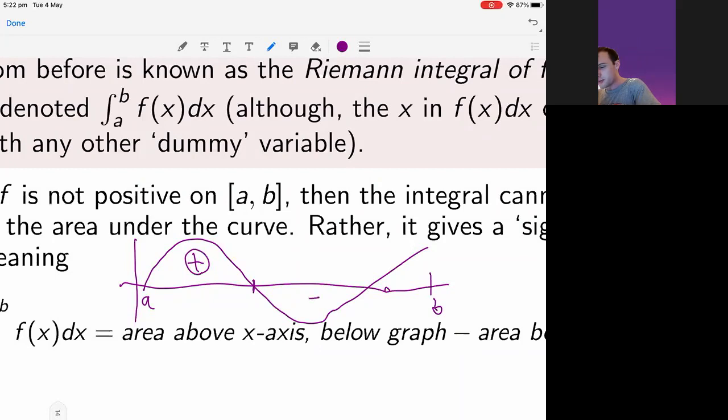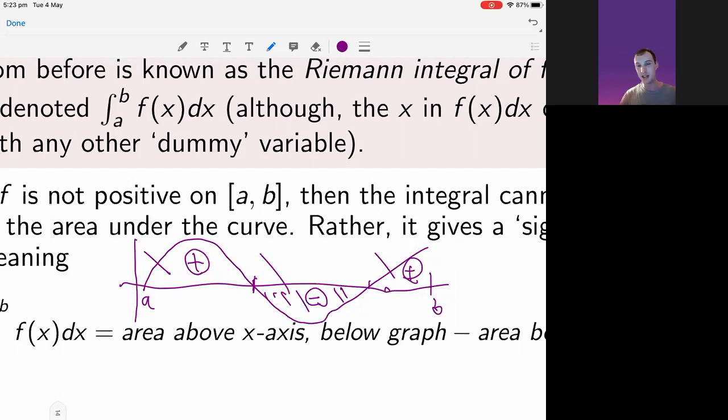On the other hand, on this part of the interval, your function is negative. But hopefully you can still see that just by flipping the graph, you can again define the area underneath the curve, and that area would be this stuff over here. And then same thing over here, you'll get an area under the curve that comes from positive contributions of the graph.